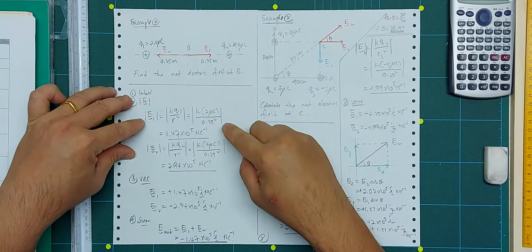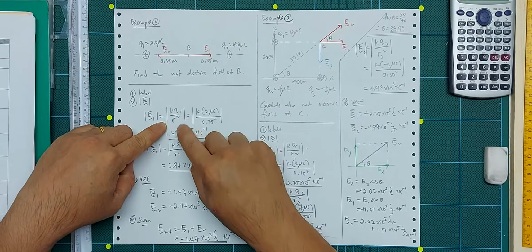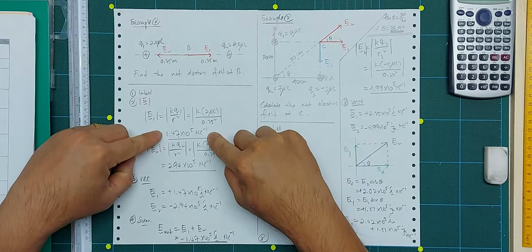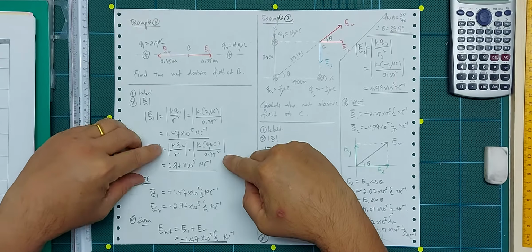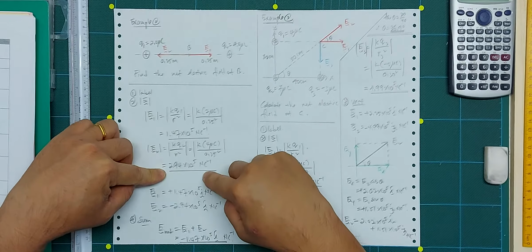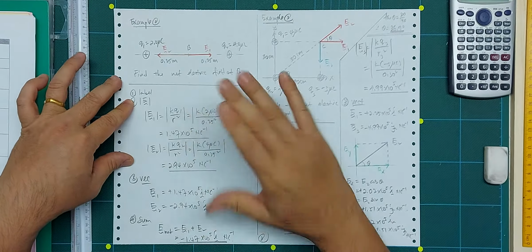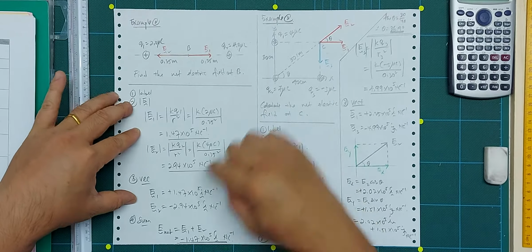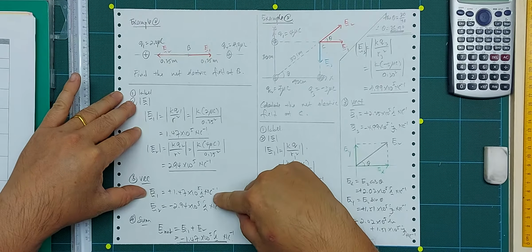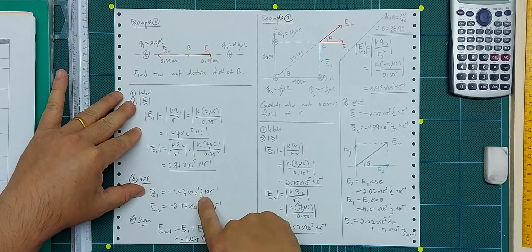Step 2, we calculate magnitude, same as the previous example. Formula kQ1 over r squared, so put in the values, we get this. And then for E2, same thing here, and we get 2.94 times 10 to the power 5 newton per coulomb. And after that, we vectorize them. E1 pointing to the positive x, so positive i.